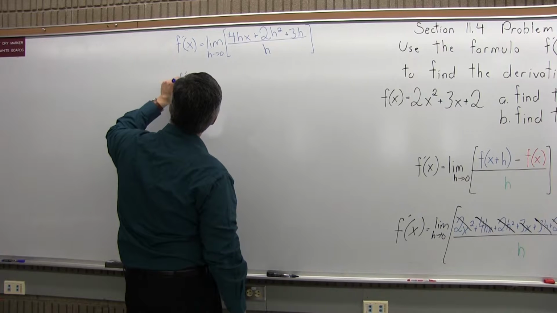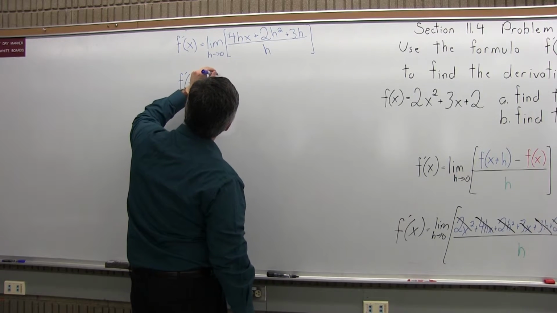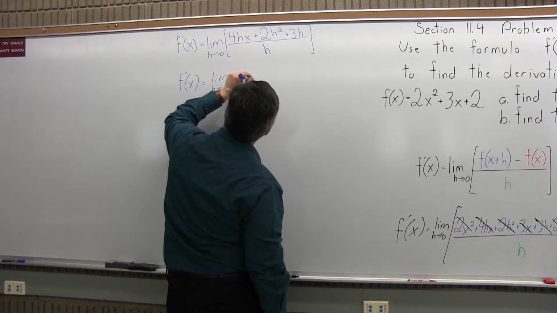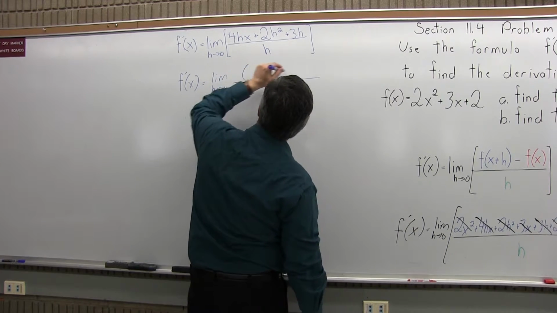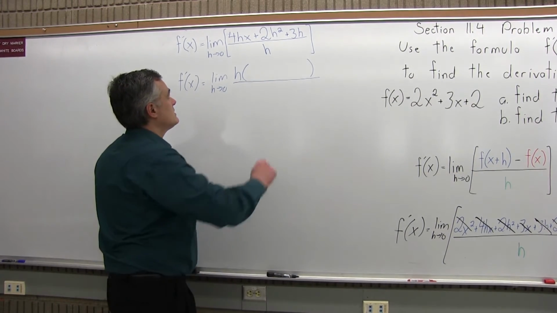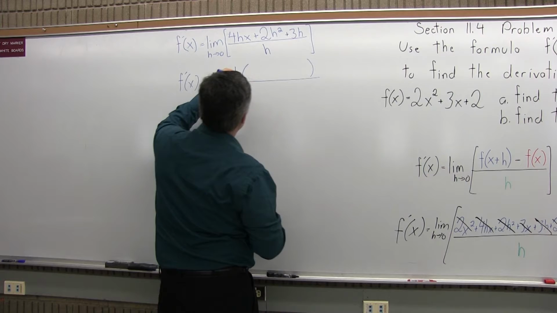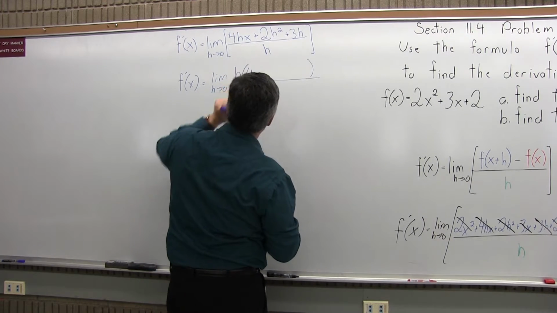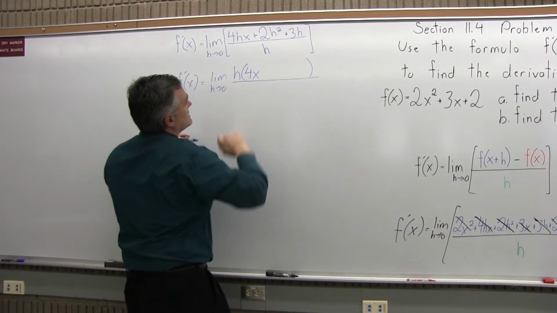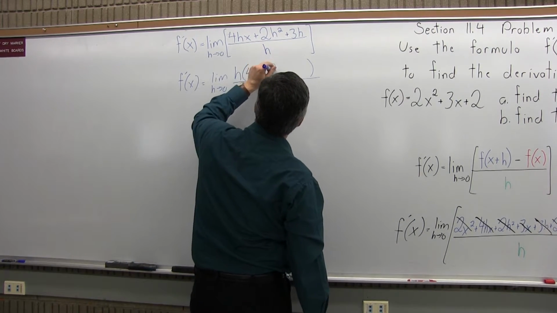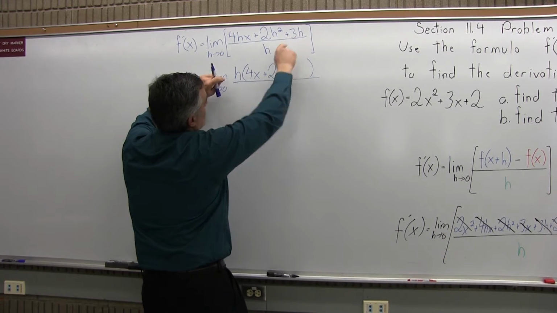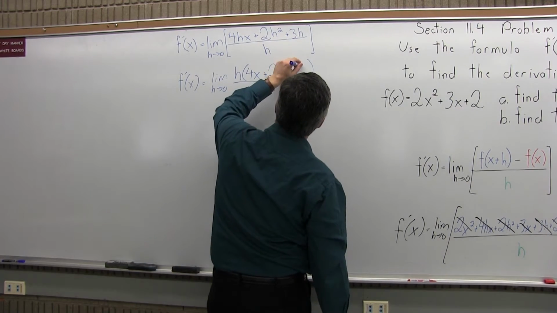So I'm going to go f prime of x equals the limit as h approaches 0 of, and I'm going to set up some parentheses with an h in front. Now the first piece, 4hx, becomes 4x when I take the h in front of the parentheses. The 2h to the second power becomes 2h to the first power. The 3h on the end becomes just 3.